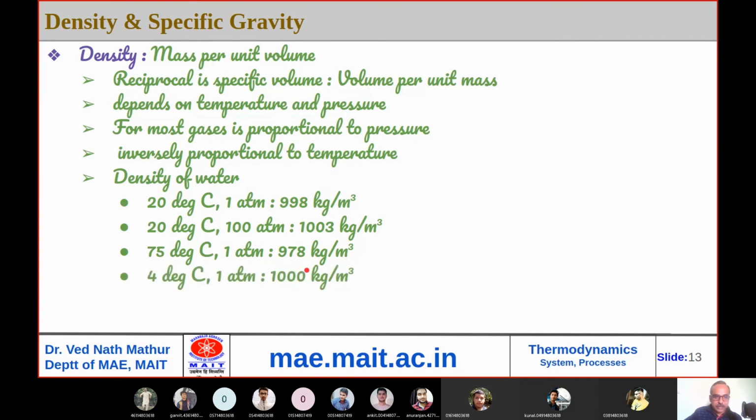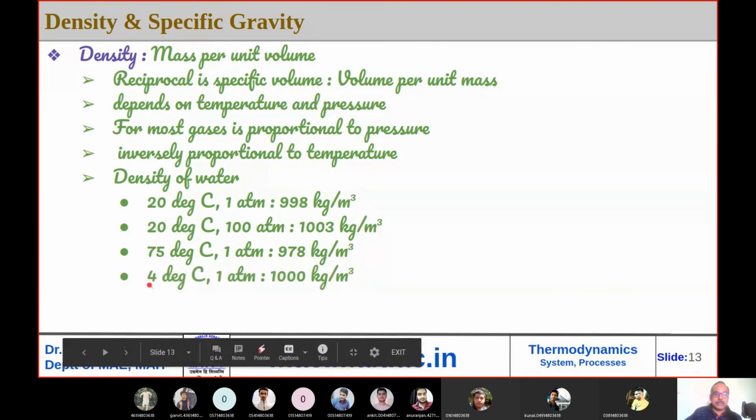Now this is important data. At 4 degrees centigrade, 1 atmosphere, the density of water is 1000 kg per meter cube, and this density is taken as reference for calculation of specific gravity of the fluid. Specific gravity is defined as the ratio of density divided by the density of water, which is 1000. So it is rho divided by rho of H2O.